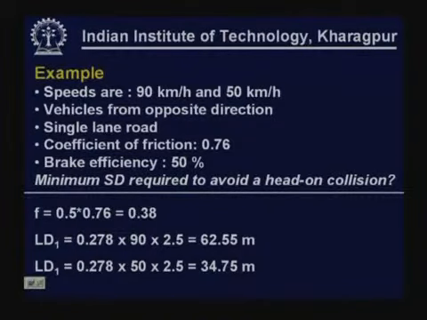It is 0.278 into 90 into 2.5 second reaction time. So, that is 62.55 meter. For the second vehicle, which is travelling at 50 kilometer per hour speed, the lag distance is again 0.278 into 50 into 2.5, that is 34.75 meter.